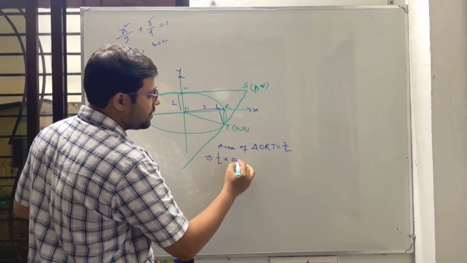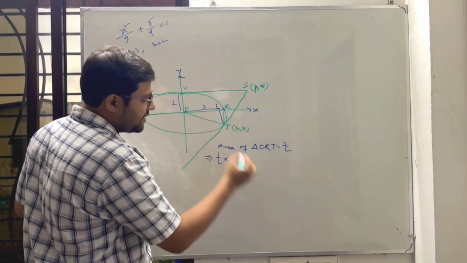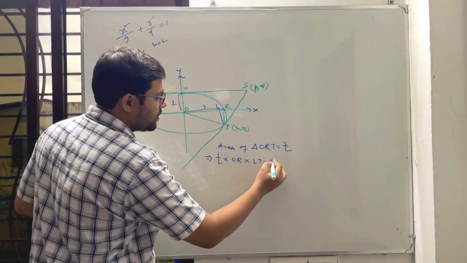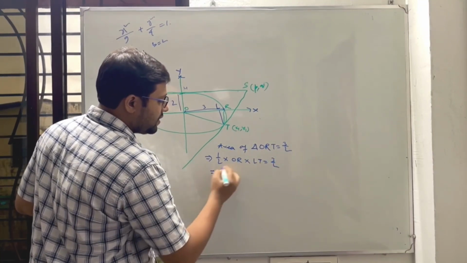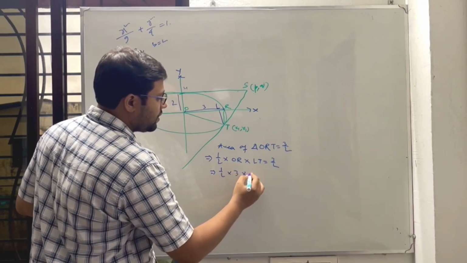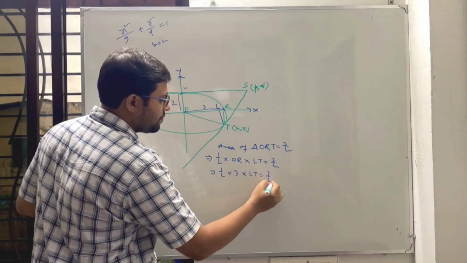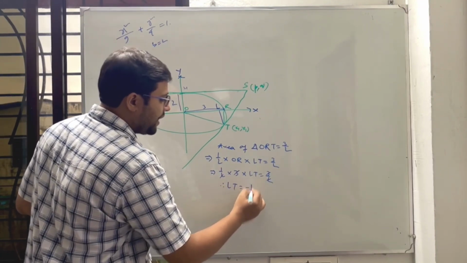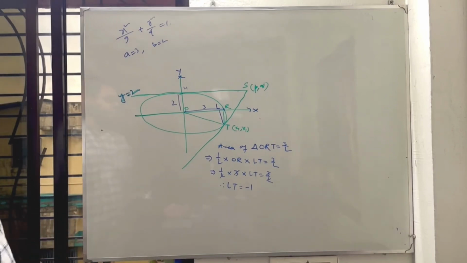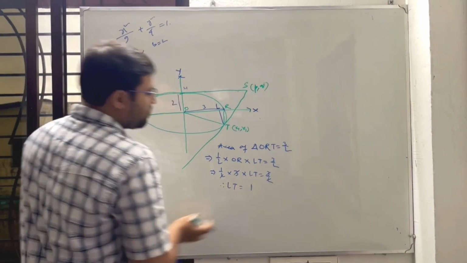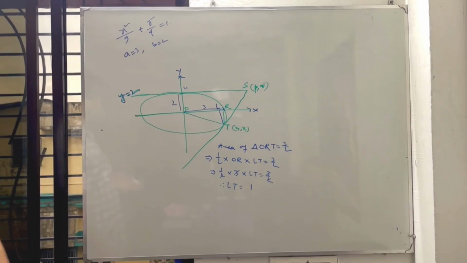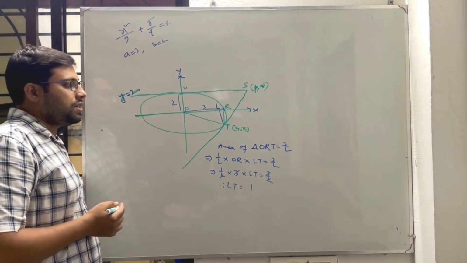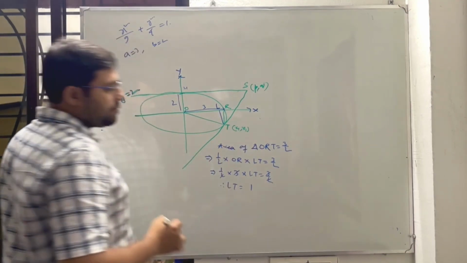OR is the base, and suppose LT is the height, is equal to 3 by 2, and since OR is 3, just calculation, LT is 1. Since it's opposite to the positive y-axis, its y coordinate will be minus 1.